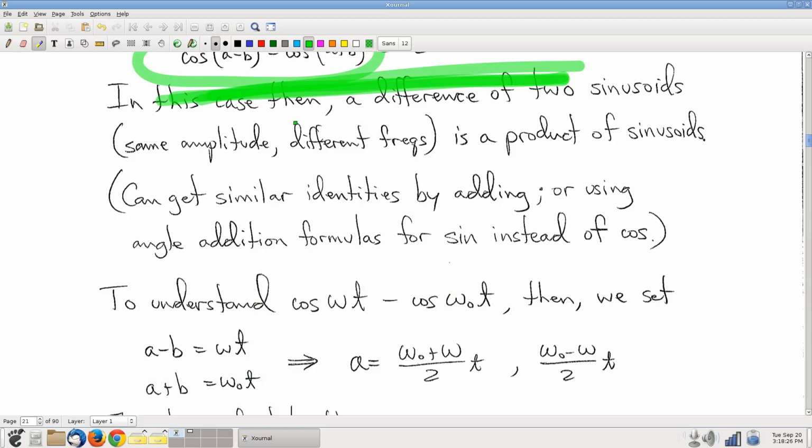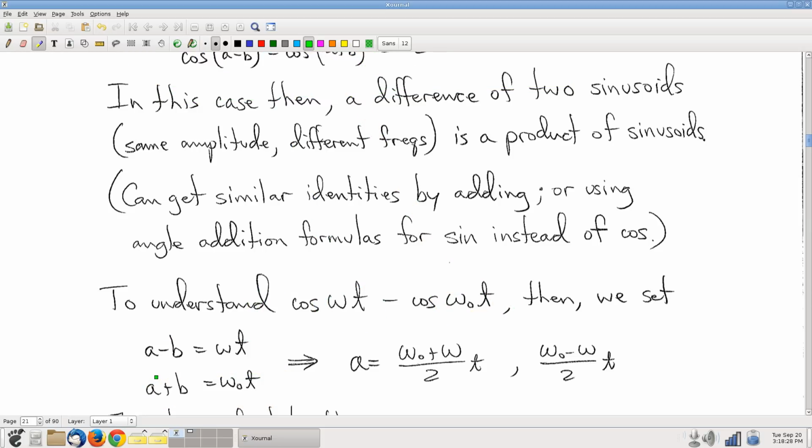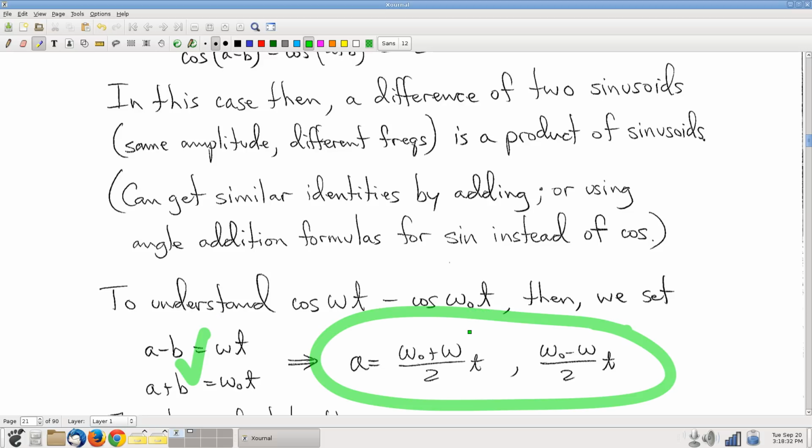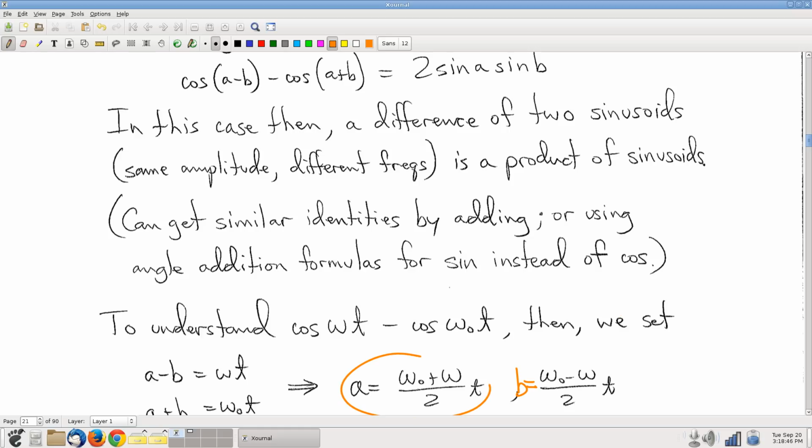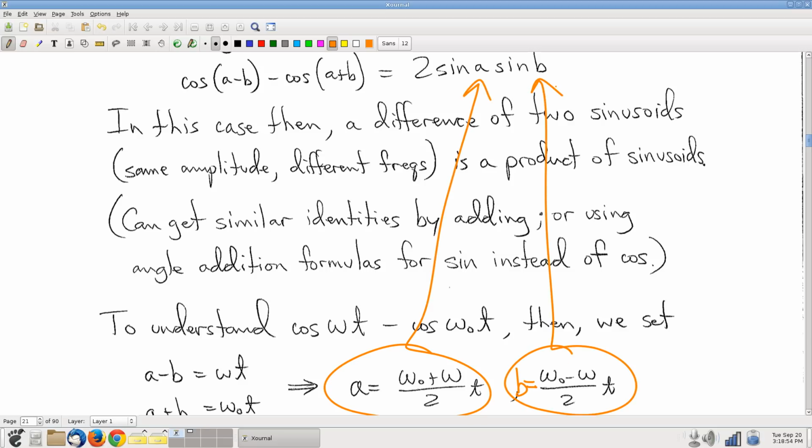Well, not hard to solve for A and B in this little system. And you get this. Oh, and I seem to have left off, this is B equals that. Okay, so there's our A and our B. They go there, and there.